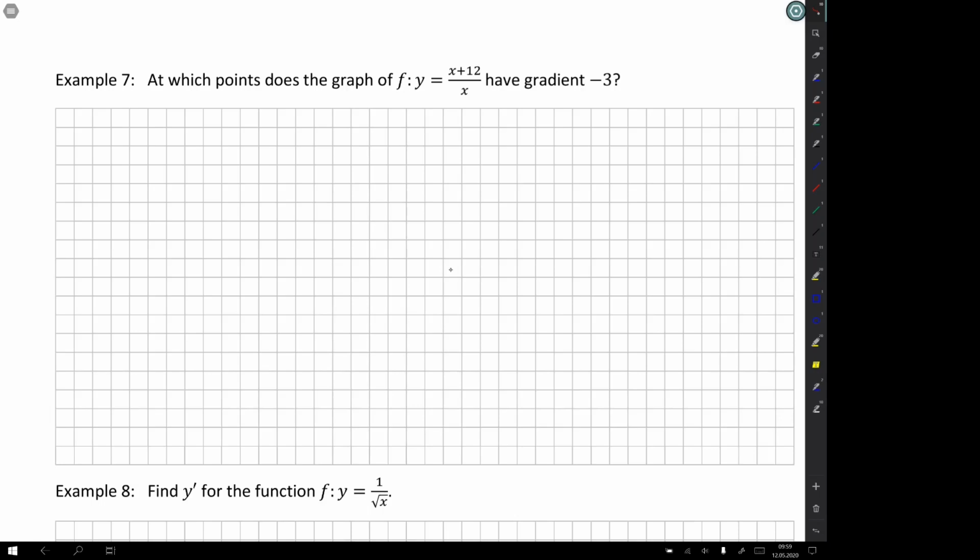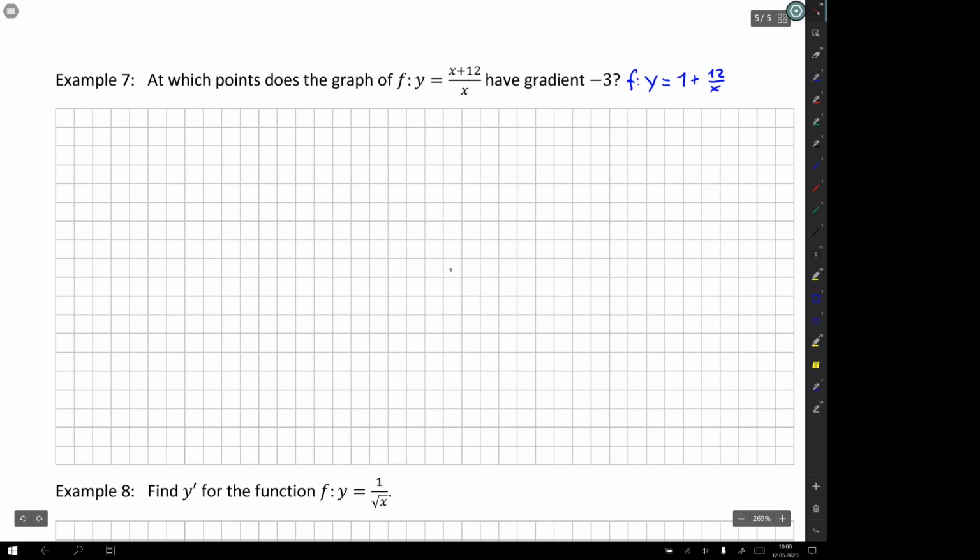In example 7, we're given a function f, and we should find the points where this function f has the gradient minus 3. We're being asked for the gradient. This means we'll have to look at the derivative function. Let's start by rewriting this function y equals x plus 12 divided by x in a little bit simpler form by taking the fractions apart as two fractions and simplifying it.